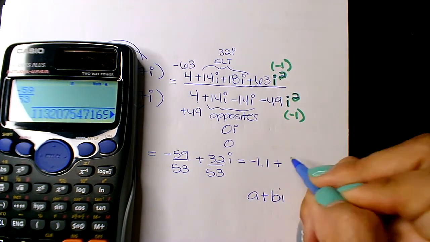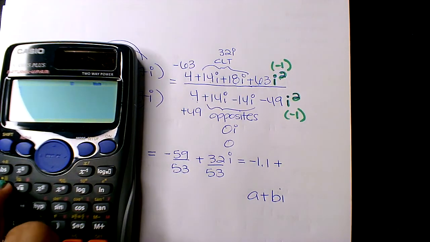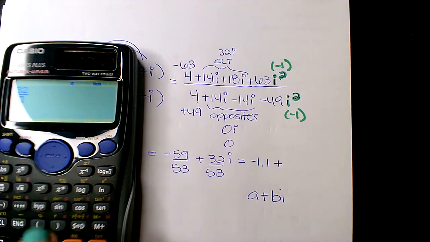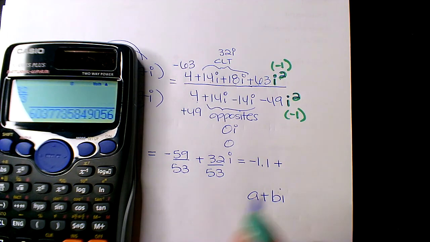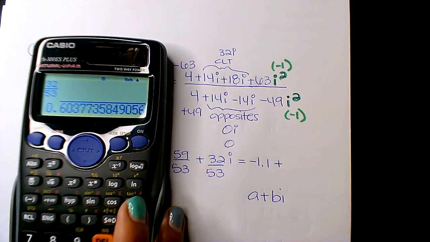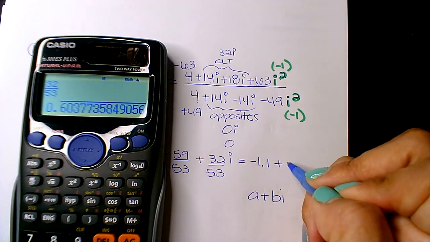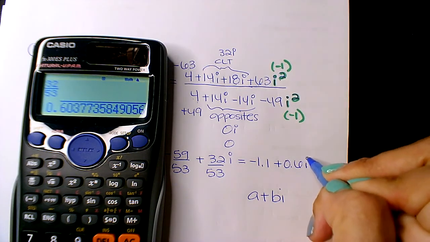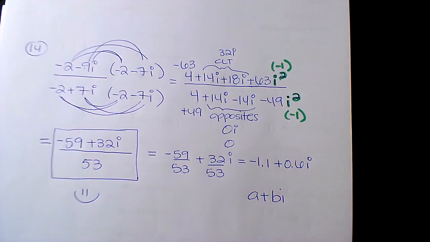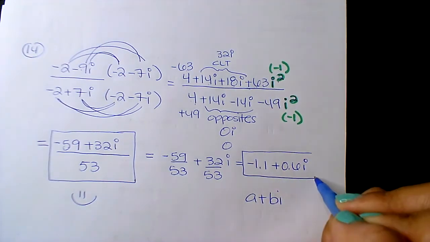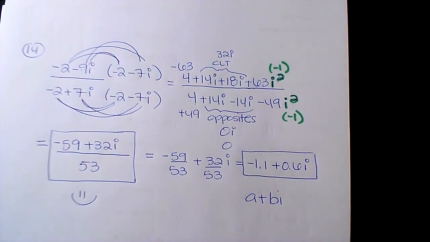We'll just do that. 32 over 53. Oh, you can't see. Sorry. Right. And so either of those are acceptable.